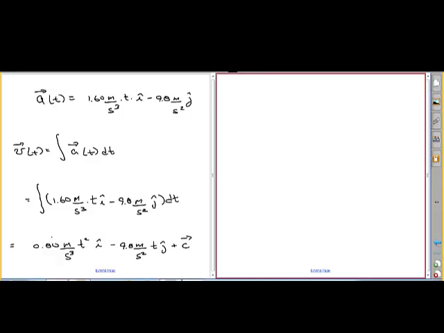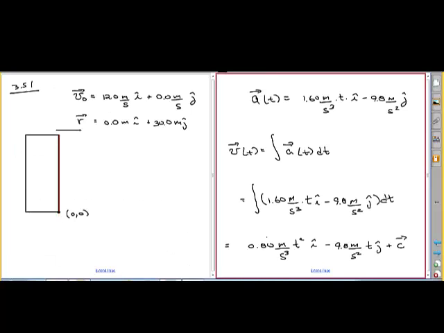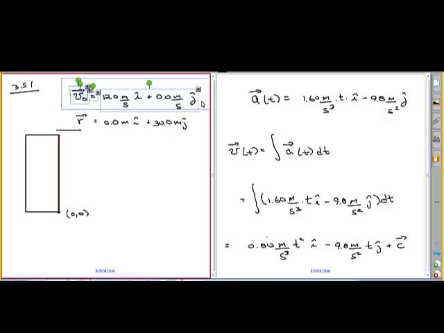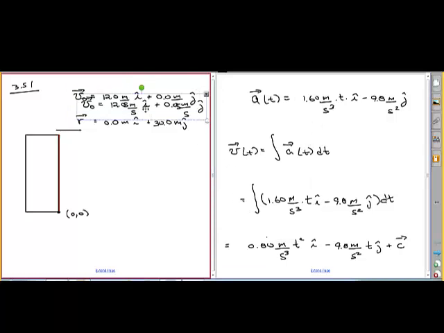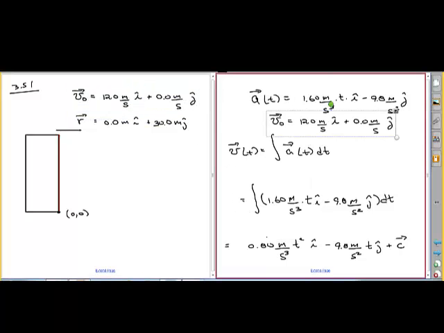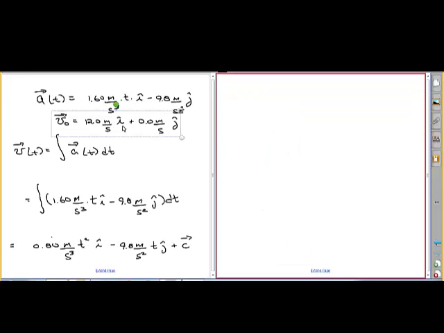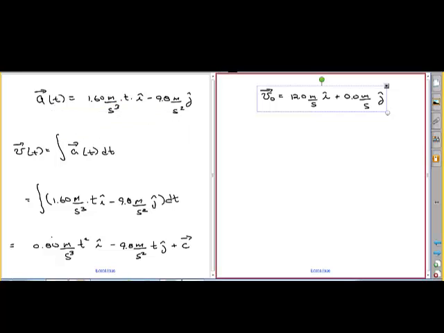So now what we do is use the initial conditions. The initial conditions here for velocity were this. So let's bring that over and use that to solve for the arbitrary constant vector.